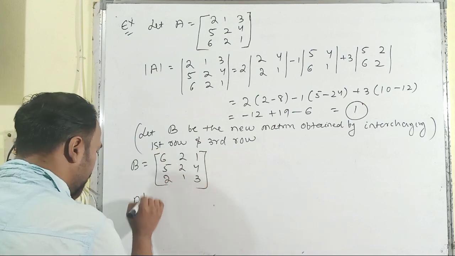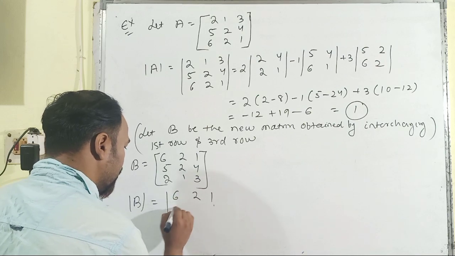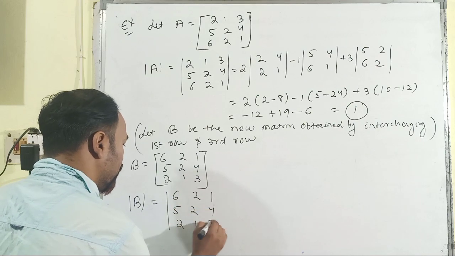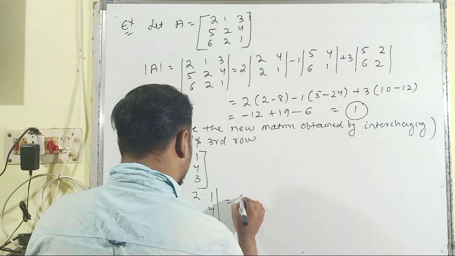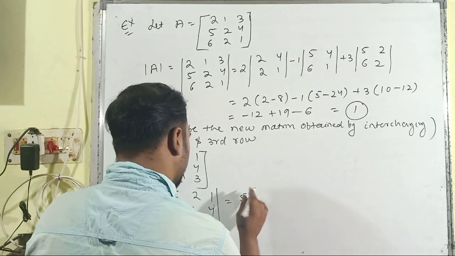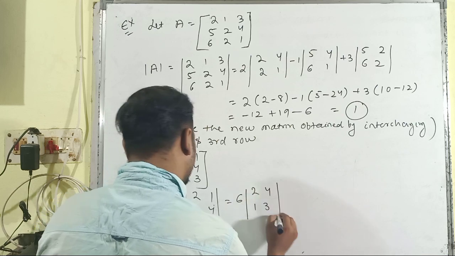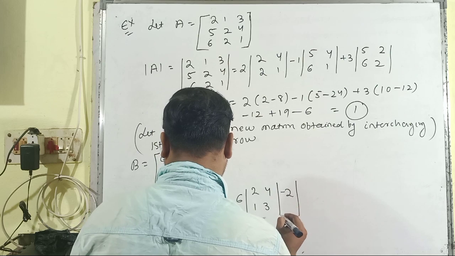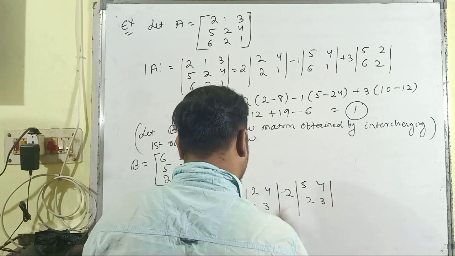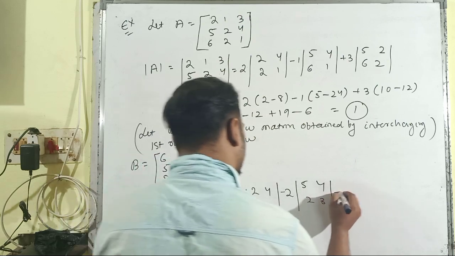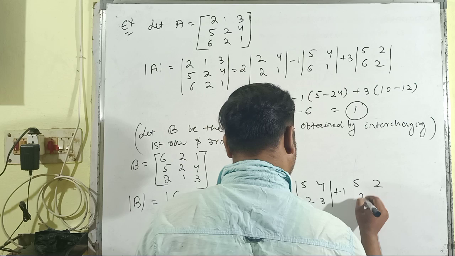And the value of the determinant of the B matrix, 6, 2, 1, 5, 2, 4, 2, 1, 3, let us expand along the first row. It is 6 multiplied with the determinant of 2, 4, 1, 3, then minus 2 multiplied with the determinant of 5, 4, 2, 3, then plus 1 multiplied with the determinant of 5, 2, 2, 1.